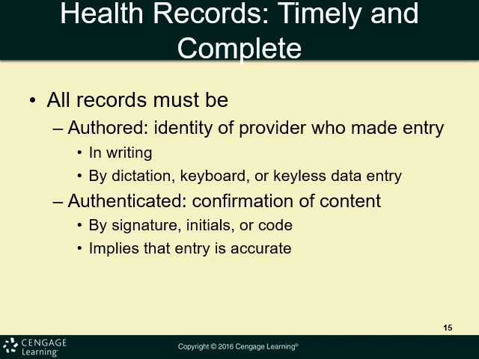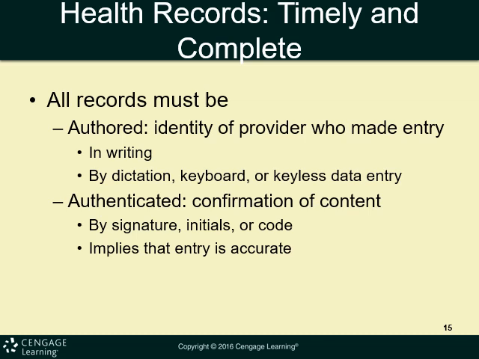As we had discussed earlier, a health record serves multiple functions and uses. It's important that a health record be timely and complete to be essential to achieving these purposes. All records must be authored and authenticated.